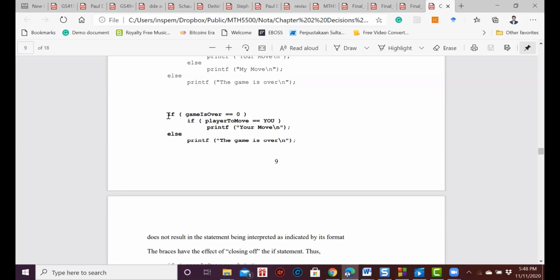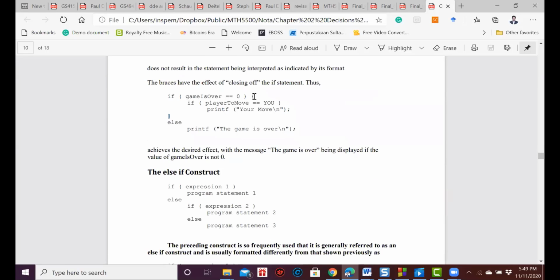As expected, this if pairs with this else. But without curly brackets, the logic is not as expected, and the else belongs to the inner if. So what we need to do is put curly brackets here. Then the block for this if is two statements, so this block belongs to this if, and the else belongs to this if.